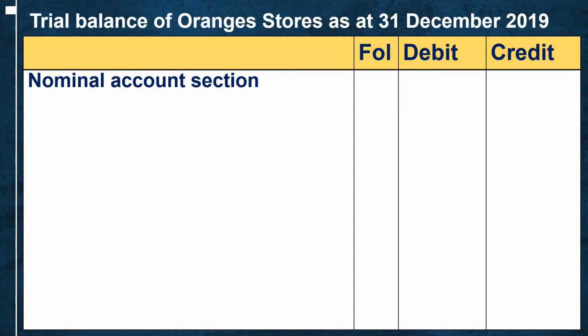We start with sales. We record sales in the first column, and in the folio column we write N1, and then we record the amount of 20,000 Namibian dollars in the credit column because sales increases on the credit side.